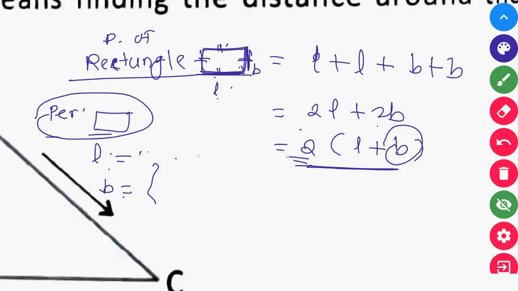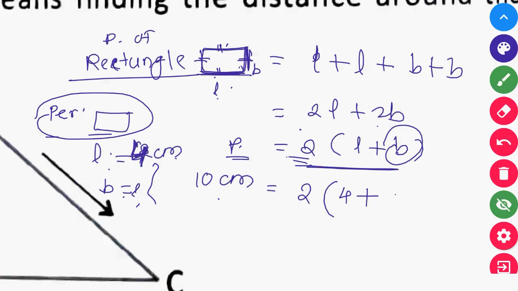Now see, if the perimeter of the rectangle is 10 centimeters and the length is 4 centimeters, we have to find the breadth of the rectangle. So what we do is just put the figures in this formula. Perimeter is 10, 2 multiplied by length is 4, breadth we don't know, so variable x, or you can say breadth b.